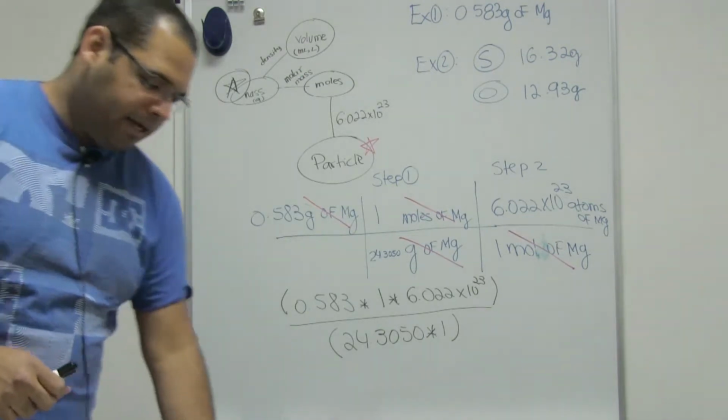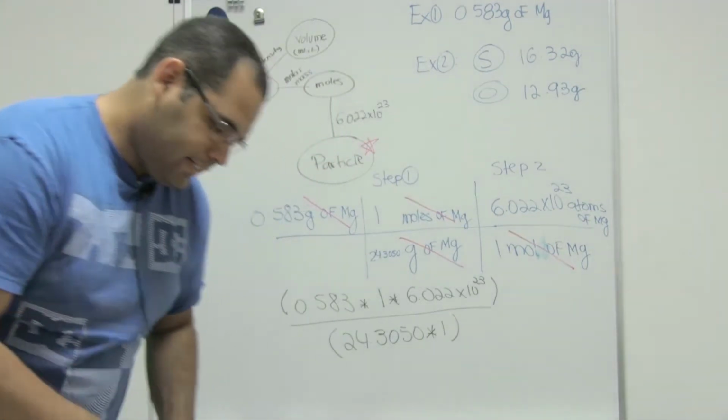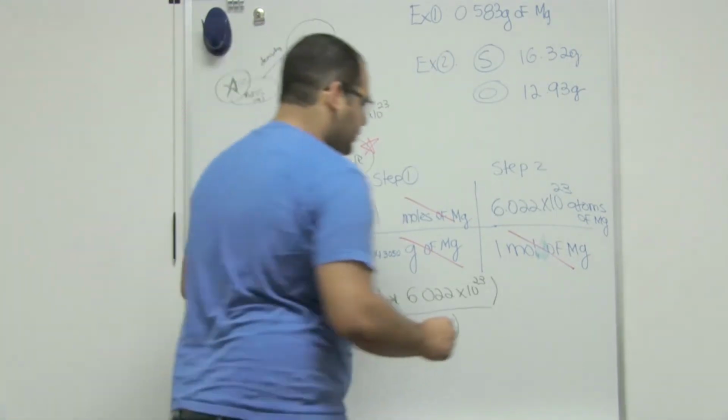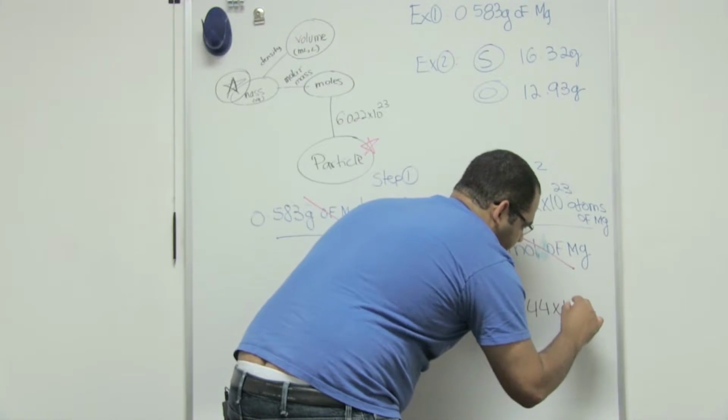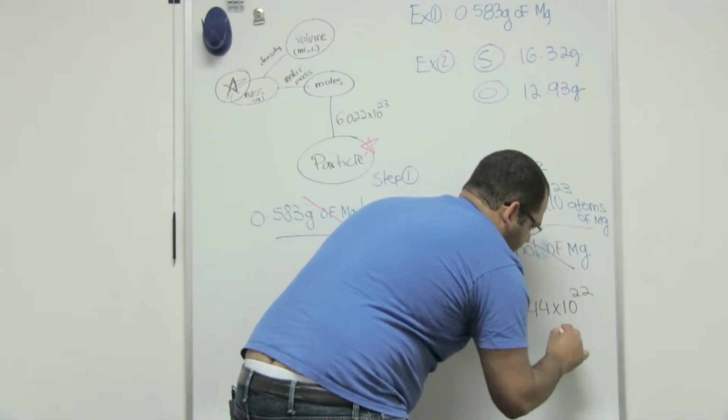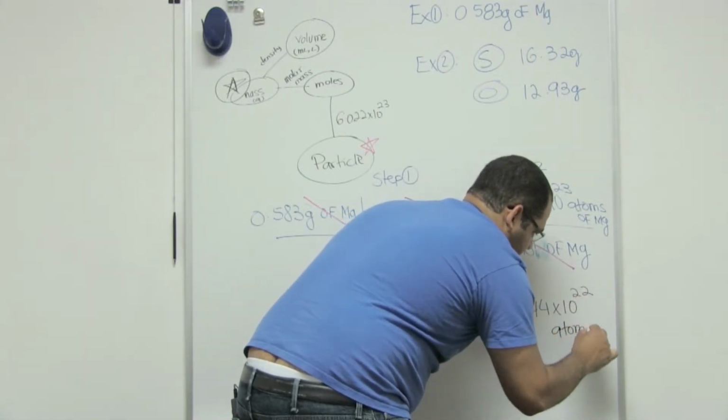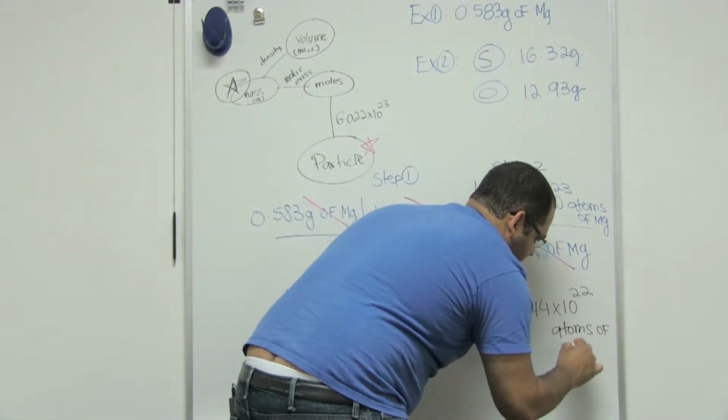I already did that in my calculator, and this is equivalent to 1.44 times 10 to the 22 atoms of Mg.